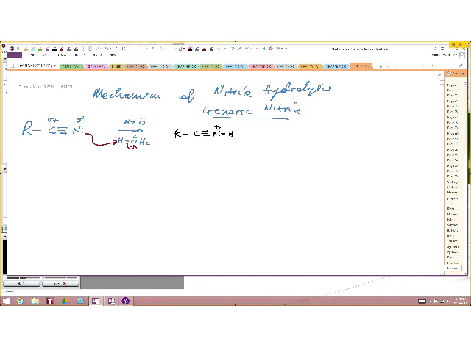So now this nitrogen is positively charged, and in so doing, is making this carbon here a lot more electron-deficient, because now this electron wants to come to nitrogen right here. So we have this.